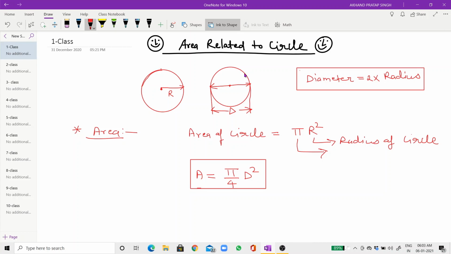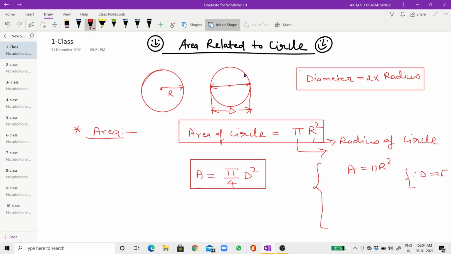Just take the above formula and put the value. Look here. A is equal to pi r square, and we know that d is equal to 2r. So r is equal to d by 2. If we put r equal to d by 2 in this equation, then we get d by 2 whole square.